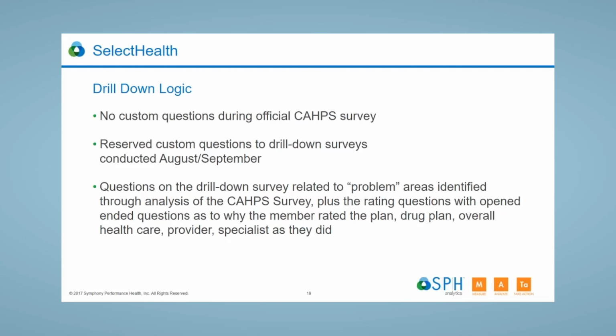We also drilled down on all of the rating questions with open-ended questions as to why the member rated their health plan, drug plan, or overall health care provider or specialist the way they did, so that we can get more drill down on those specific areas. Next slide, please.